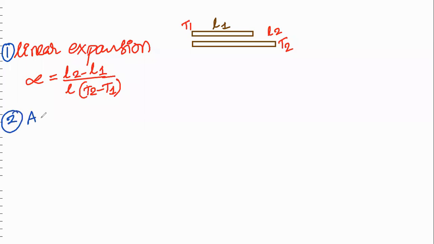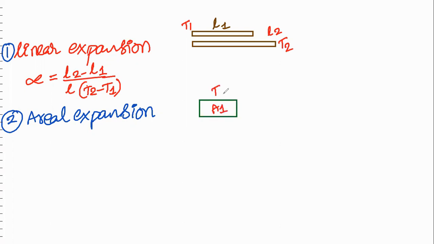The second one is called areal expansion. Let us suppose A1 is the area of a plate at temperature T1. On increasing the temperature to T2, the area of the plate is increased.